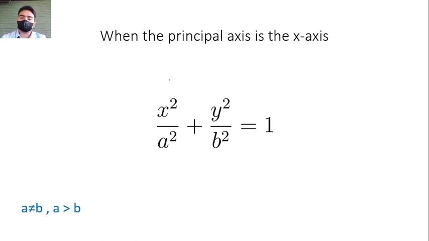Why is it the principal axis? What are your parts? You have the center, the focus, vertices, and co-vertices.